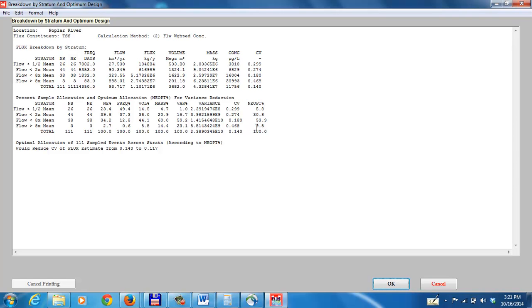And the very highest flow range should be 9.5% of the samples instead of the 2.7%. So if you use that optimum scheme, the coefficient of variation goes from the original 0.140 to 0.117. That would be the predicted improvement in the coefficient of variation if we were to rearrange. Now that's just a prediction, but it's the best estimate based on the data that was collected for the site.